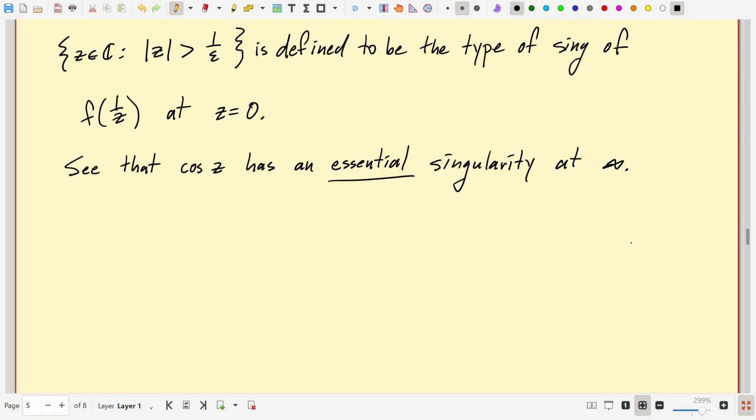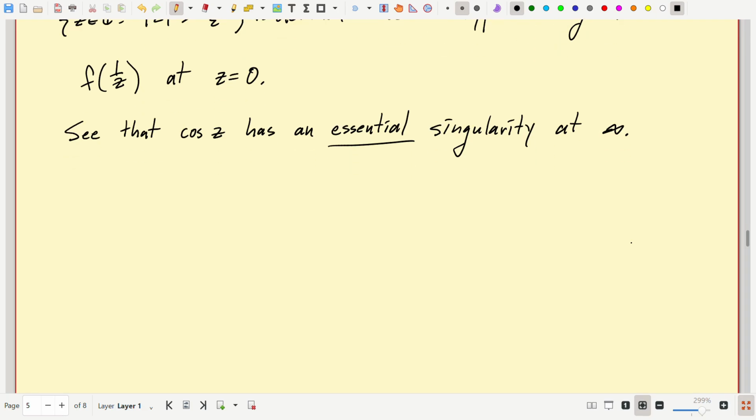And in fact, all our favorite functions, sine, cosine, exponential, they all have essential singularities at the point at infinity. And now you might ask, can we understand the sine function?